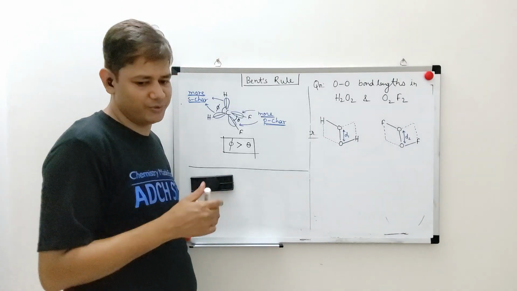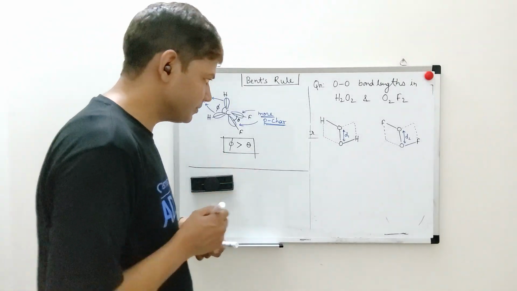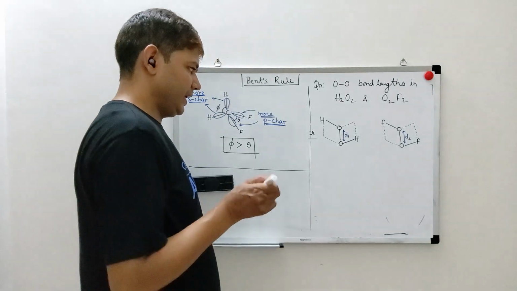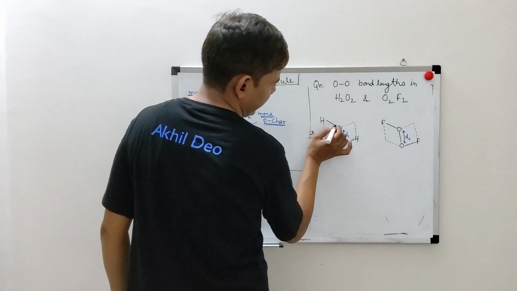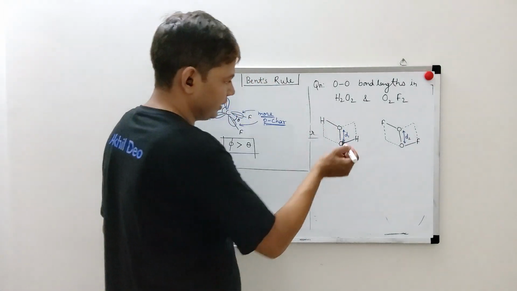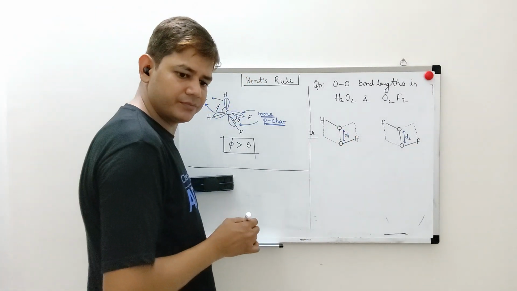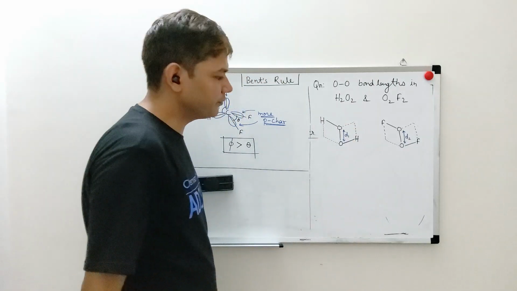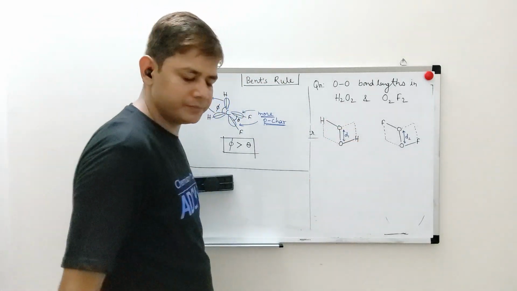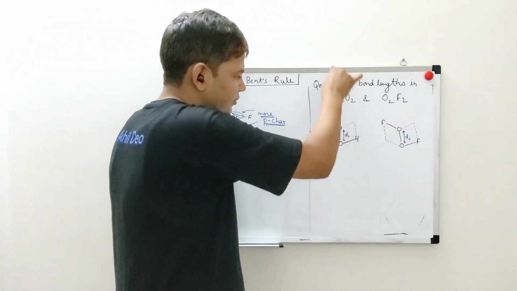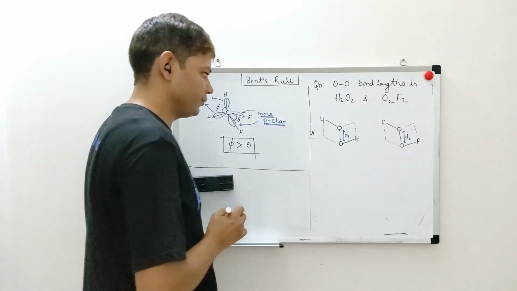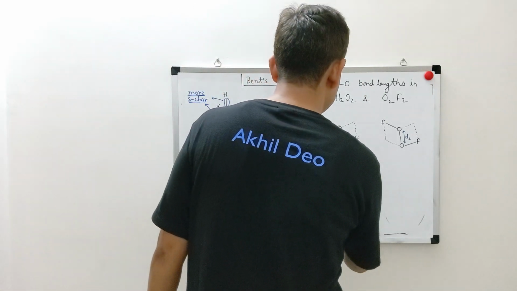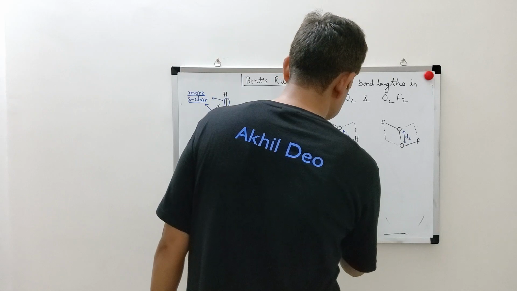We'll use Bent's rule to compare this. How will we use it? Oxygen-hydrogen bond. Hydrogen is less electronegative than oxygen. We'll say that towards the oxygen-hydrogen bond, S character will be more. So therefore, towards the oxygen-oxygen bond, P character is more.